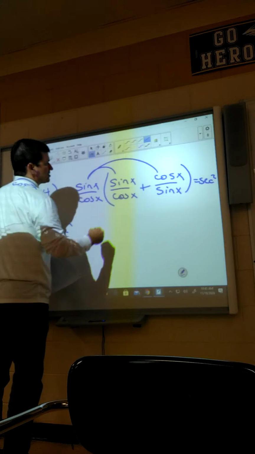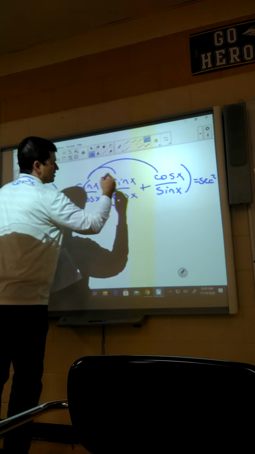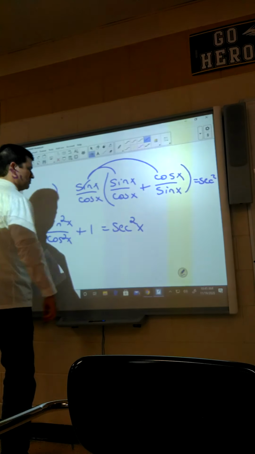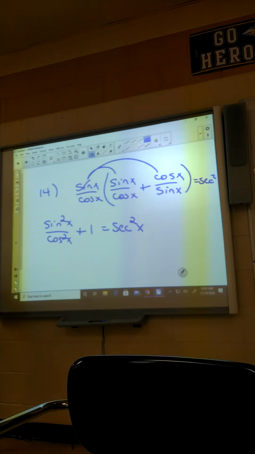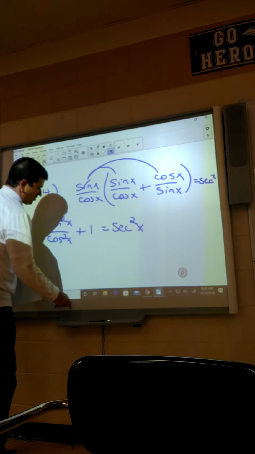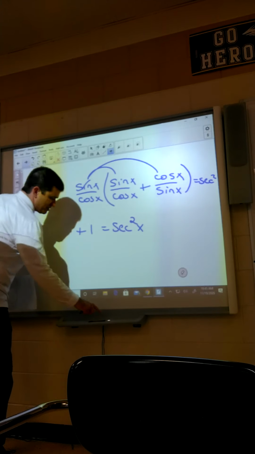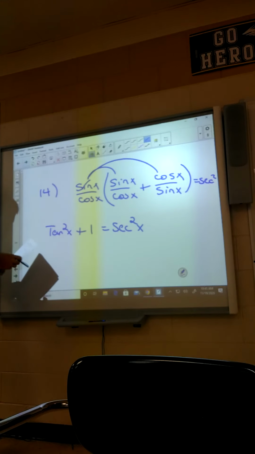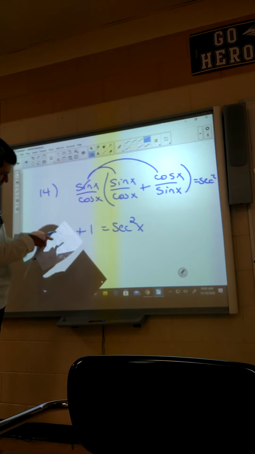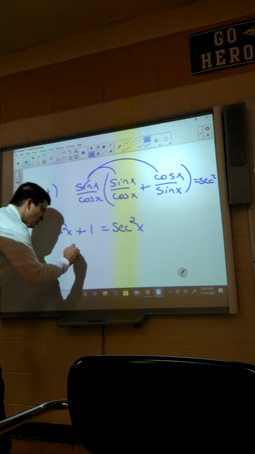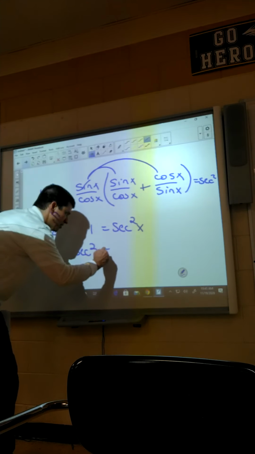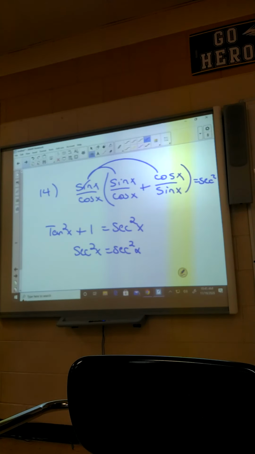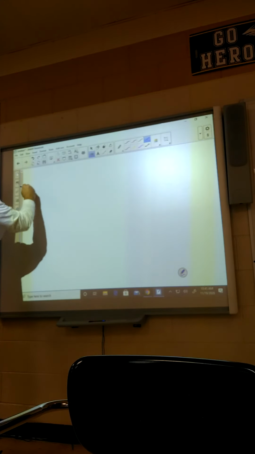When I times these two, sines cancel and the cosines cancel, so I got 1. Now, I can change sine squared over cosine squared. That's the same thing as tangent squared. So I'm left with tangent squared plus 1, which is secant squared. So you showed me secant squared equals secant squared. That's 14. Let's go to 15.